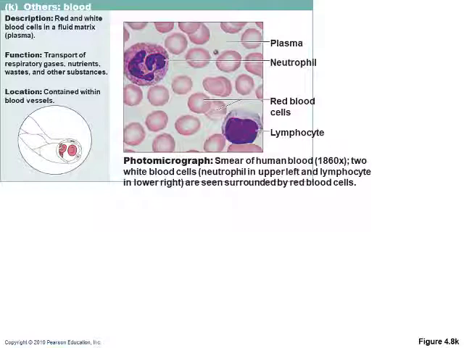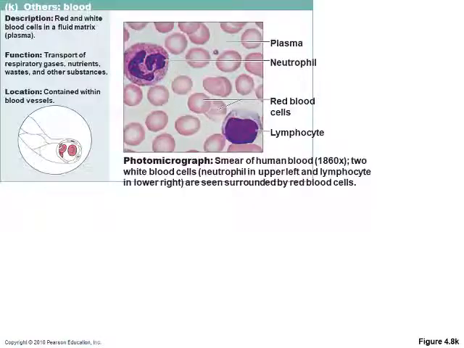Only 2 white blood cells are present here. You see that they have nucleus inside, and I see here only 1 platelet. That's very small. Platelets are very small. This one. So red blood cells, white blood cells, and platelets. And in between you have the plasma, the liquid portion of the blood. Okay. So that's the connective tissue.